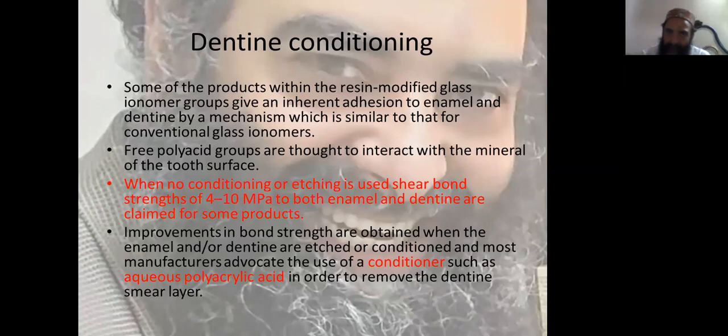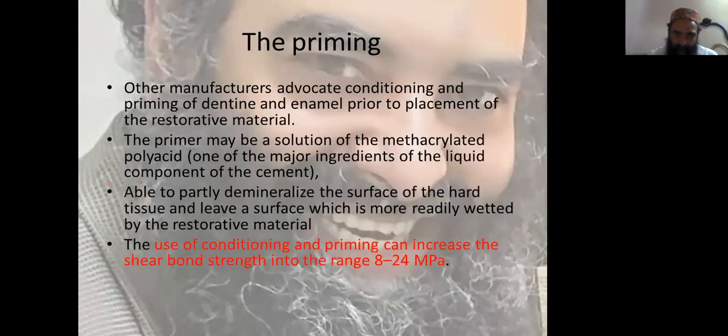If you people are having difficulty in understanding this conditioning and conditioner and smear layer, etc., you can go to my lectures on bonding and on glass ionomer cements. In these lectures, we have explained it in much detail.